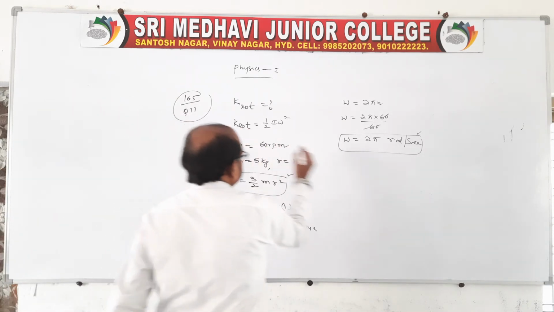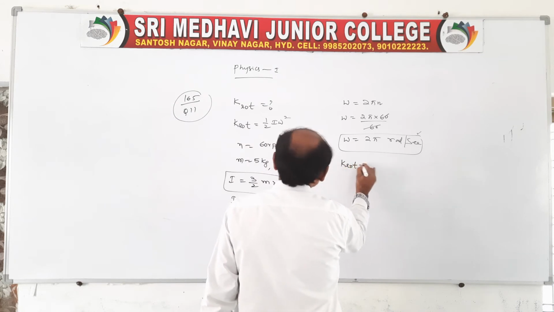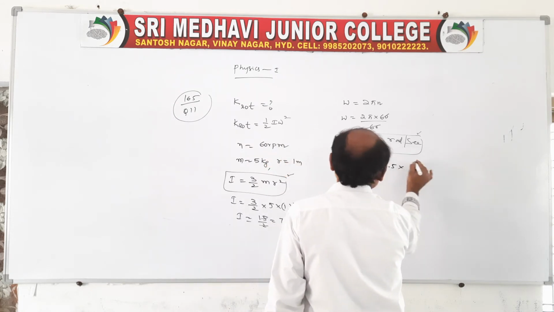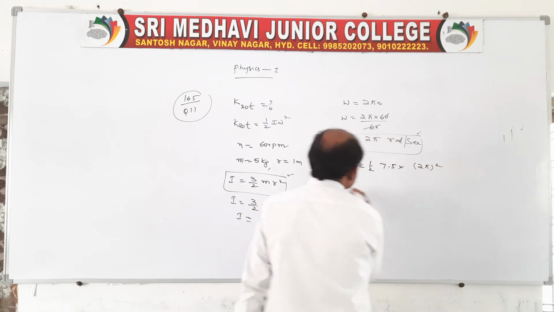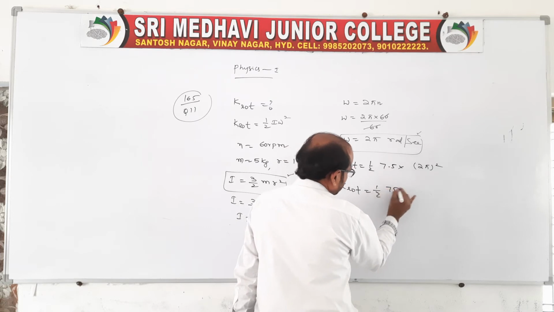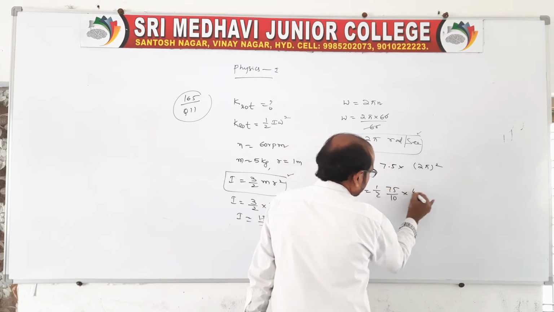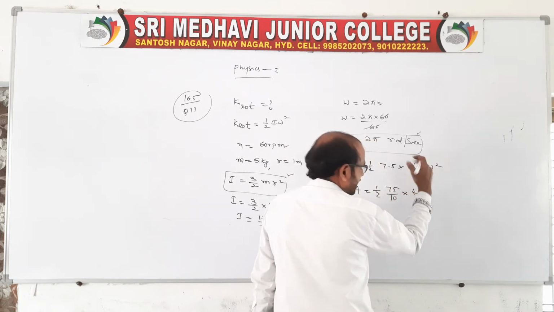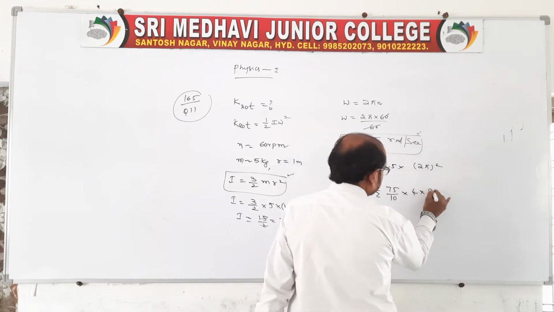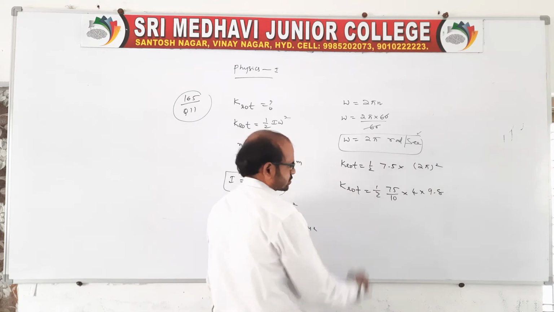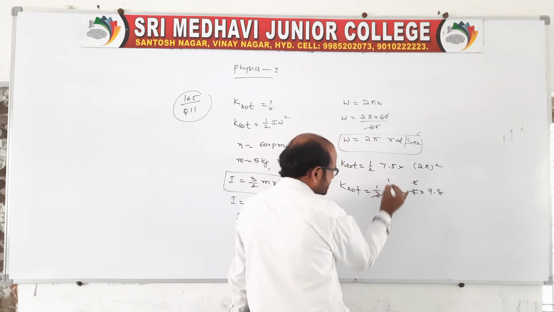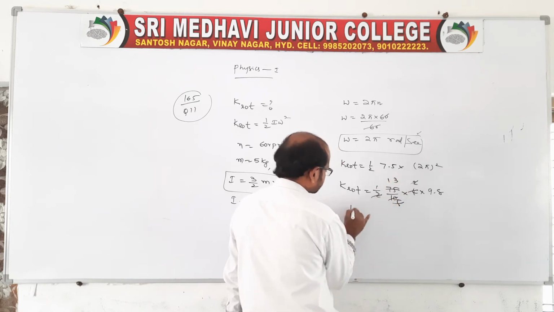Suppose you come here, K rotation is equal to 1 by 2, I value 7.5, and omega value 2 pi whole square. So K rotation is equal to 1 by 2, 75 by 10 into 4 into 3.1 whole square. Actually pi square in the sense is 3.1 whole square. That becomes 9.8 approximately.